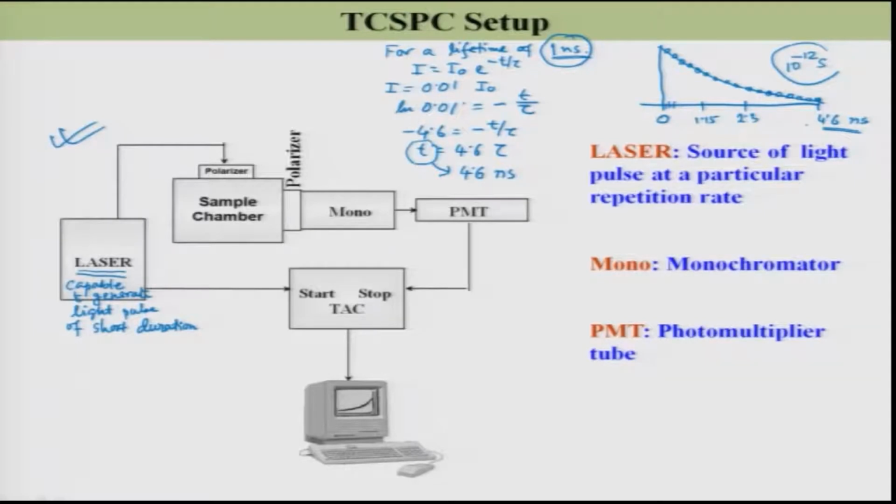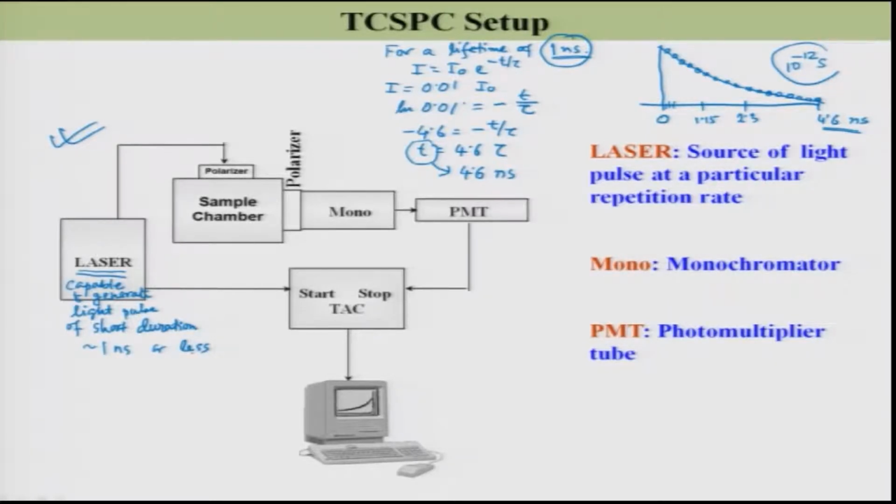For a normal fluorescence lifetime measurement, if the lifetime is about a nanosecond, we usually use a light source of either 1 nanosecond or less. So, the light pulse should be about 1 nanosecond or less. Then I will be able to measure it.